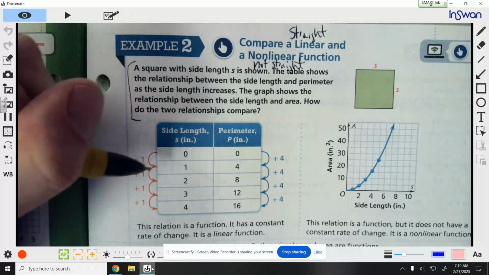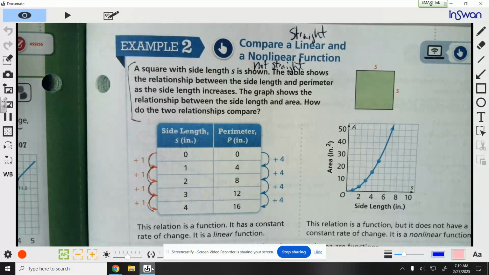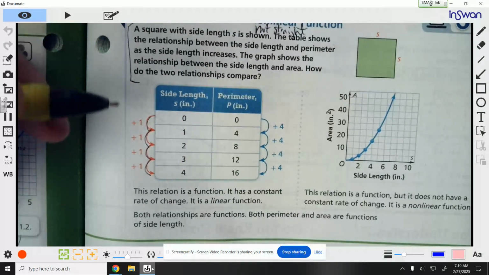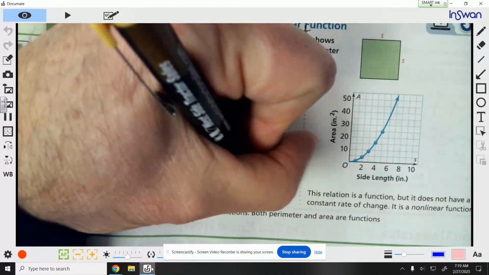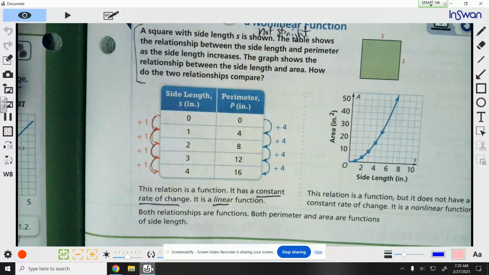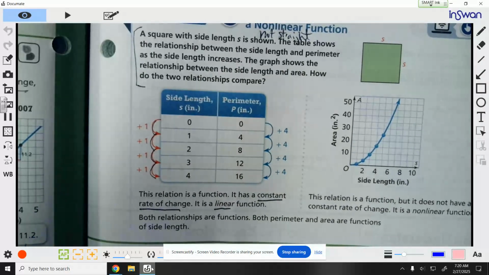So if you look at the table, you have a constant rate of change, plus 1, plus 1, plus 1, plus 1, over here, plus 4, all the way down. So because of that constant rate of change, that's key, constant rate of change means it's going to be linear. Okay, and we know this one is going to be a function.